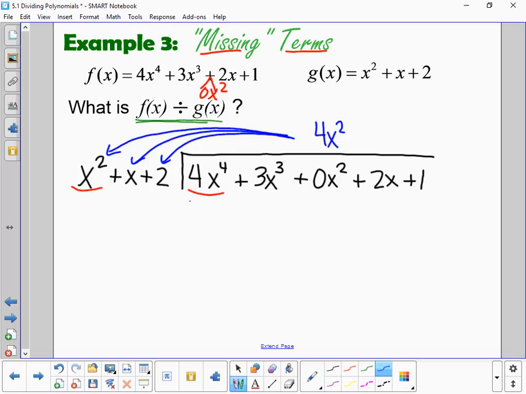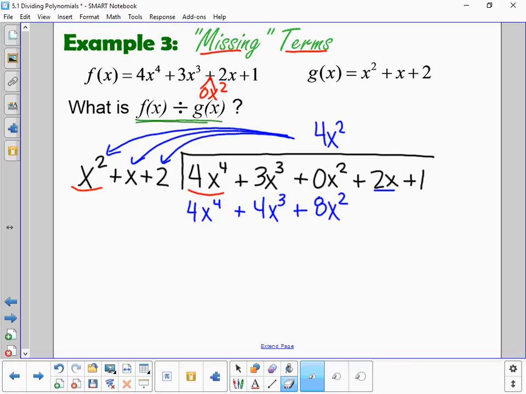So if I multiply that, I get 4x to the fourth plus 4x to the third plus 8x squared. And you can see now why it was important to have that 0x squared there, because otherwise this 8x squared would be written beneath the 2x, and those are not like terms. It's really good to keep it lined up with like terms. It'll make your work a lot easier.